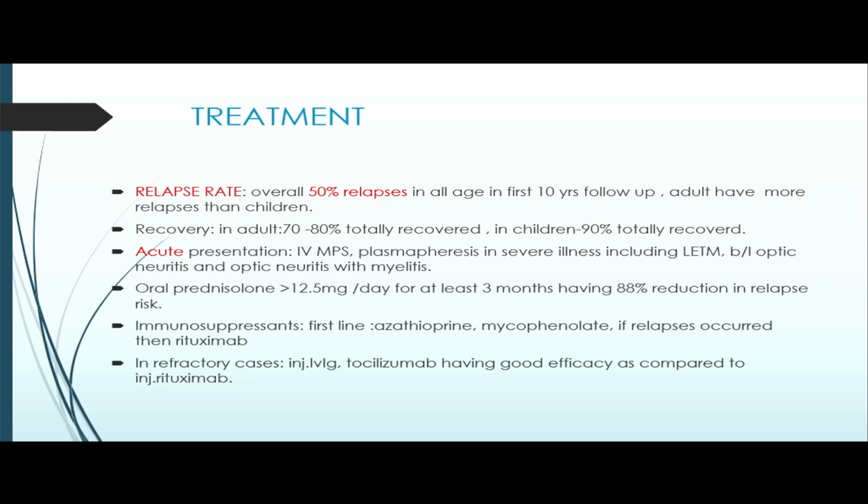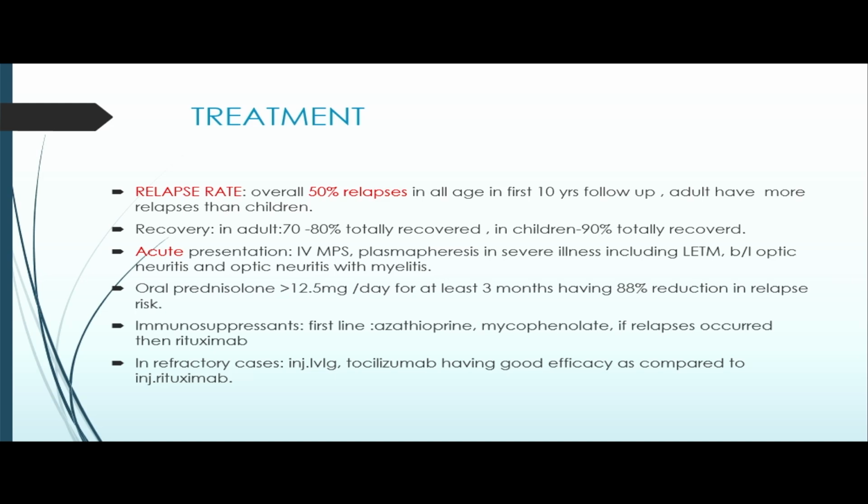So in acute presentation of MOGAD, generally patients require IVMPS, methylprednisolone. If the patient has severe symptoms or rapidly progressive illness, then plasmapheresis is also effective along with IVMPS, in cases like LETM, bilateral optic neuritis, or optic neuritis with myelitis or ADEM. Oral prednisolone, if given at more than 12.5 milligram per day for at least 3 months, will give you an 88% reduction in relapse risk.